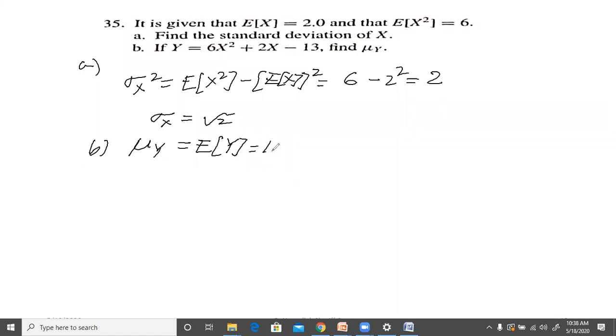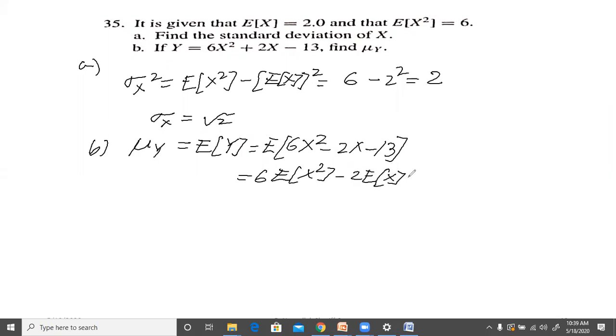E of y is nothing but 6x square minus 2x minus 13. So you'll get 6 into E of x square minus 2 into E of x minus 13.